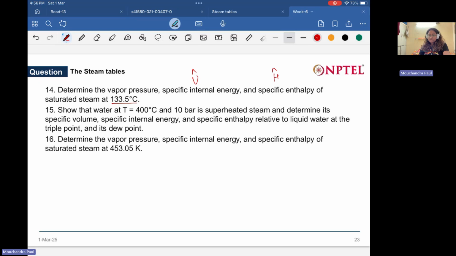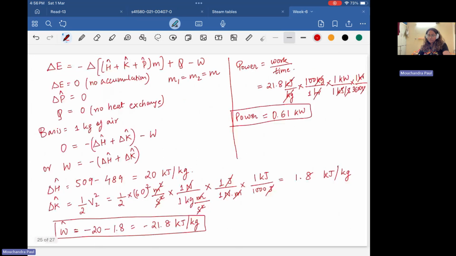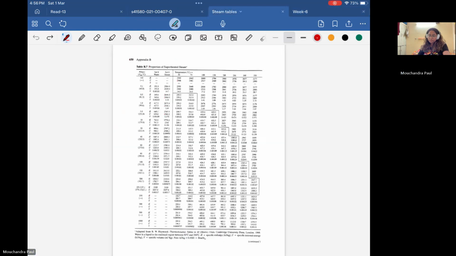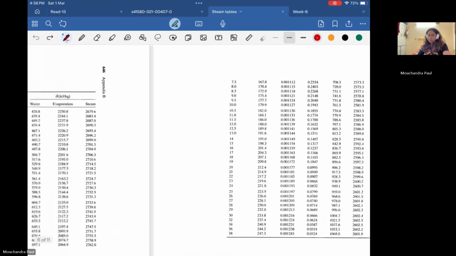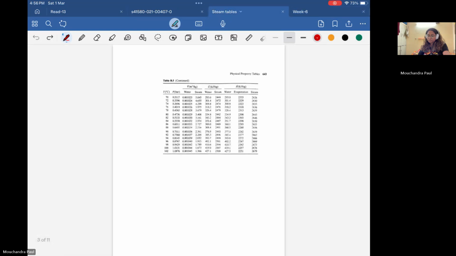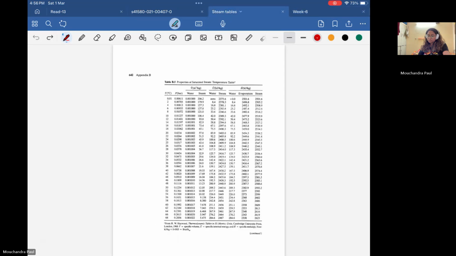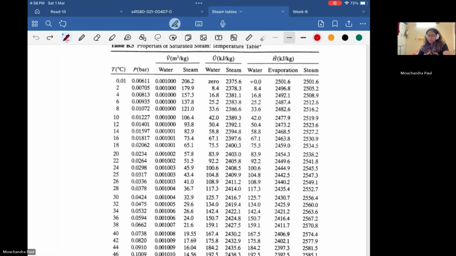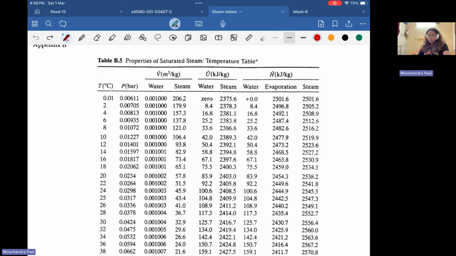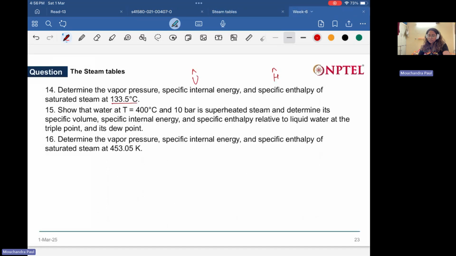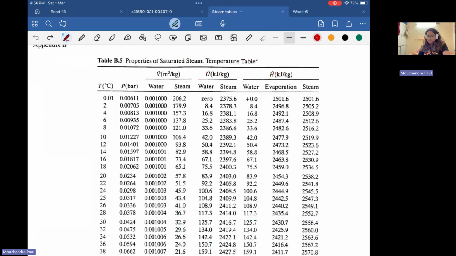So we have to use the saturated steam table, not the superheated steam table. So this is the saturated steam table. The temperature that was asked is 133.5 degrees Celsius.